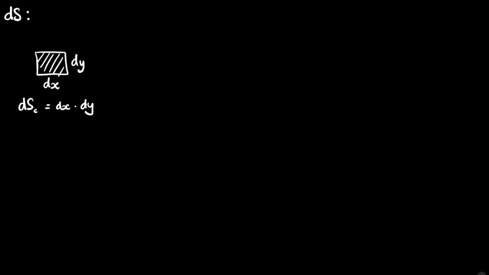What if you're looking at a circular surface right here? So say you have a circular surface and you wanted to evaluate what the small area is along the surface. And so say you wanted to go from this point here to this point here, then you're adding extra surface right here. ds in this case is r dr d theta.